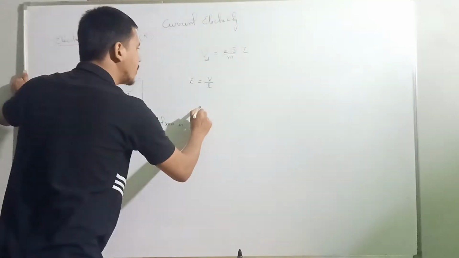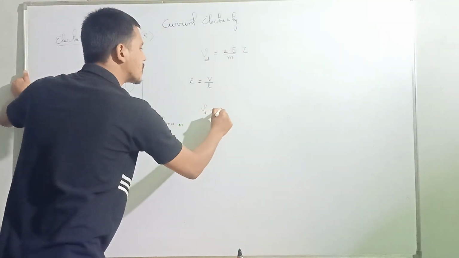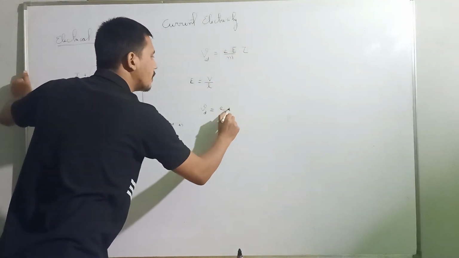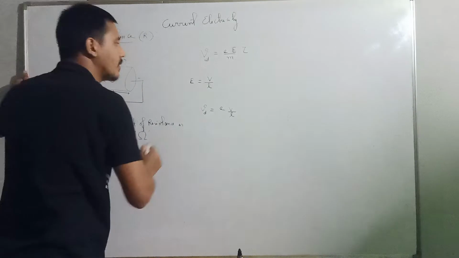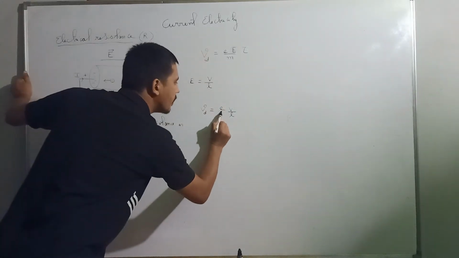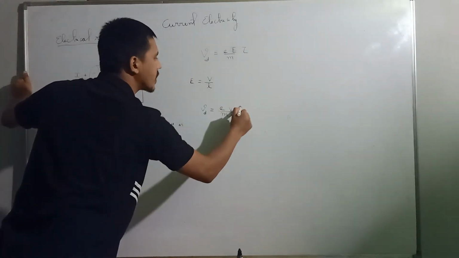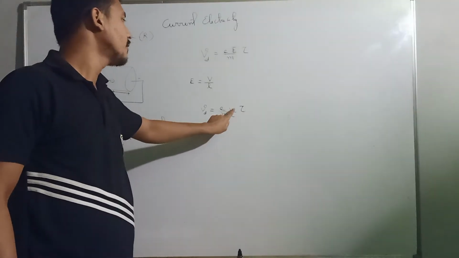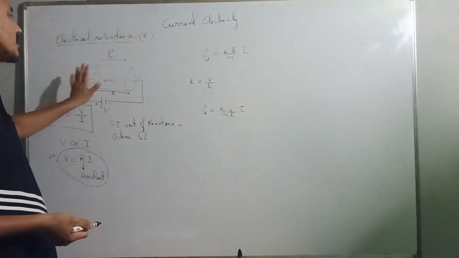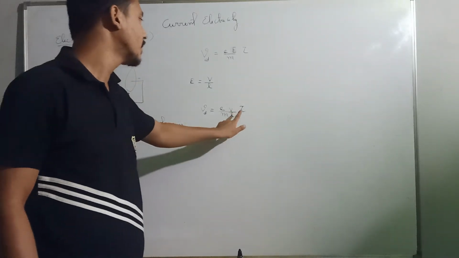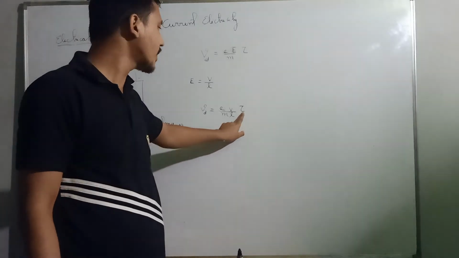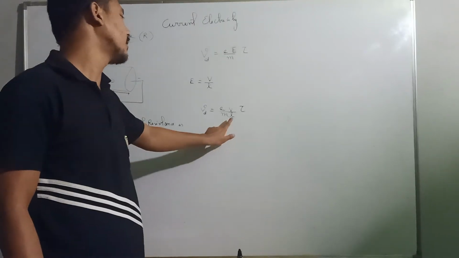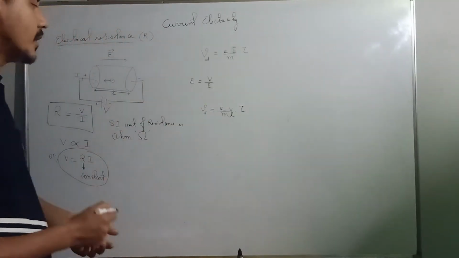In that case, the relation becomes Vd equals e times V upon L, times tau, divided by m, where e is the charge of an electron, tau is the average relaxation time, m is the mass of the electron, and L is the length of the conductor.